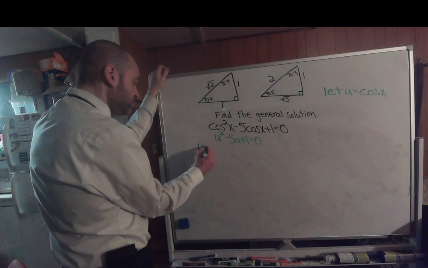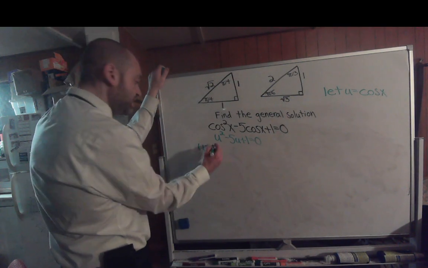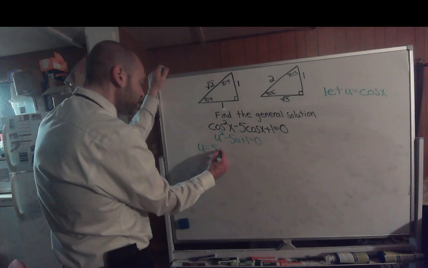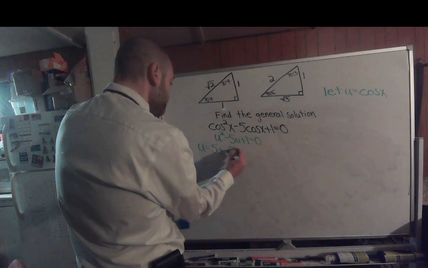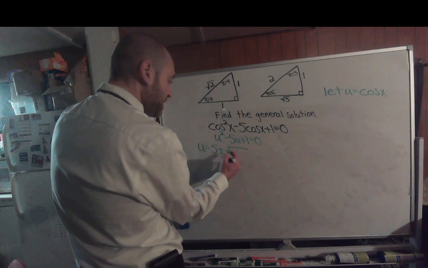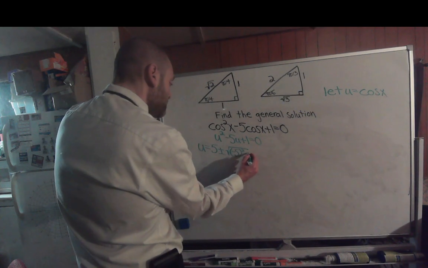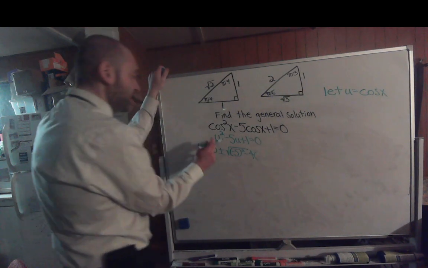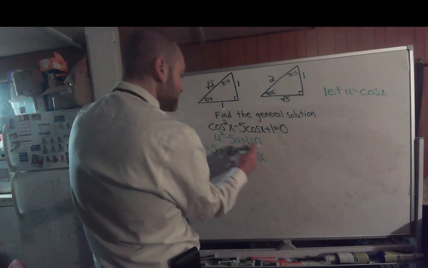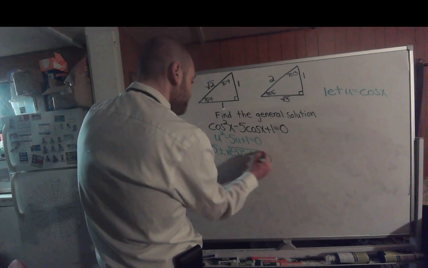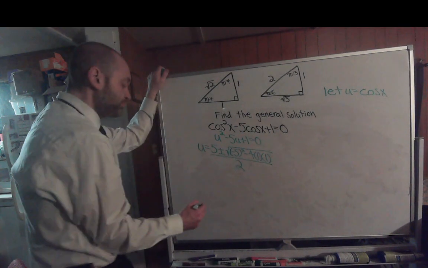So we get u equals, well, what's the negative of b? Negative negative 5, that'd be positive 5, plus and minus the square root of b squared, so that'd be negative 5 squared, minus 4 times your a of 1 times your c of 1, all over 2 times a, which is 2.